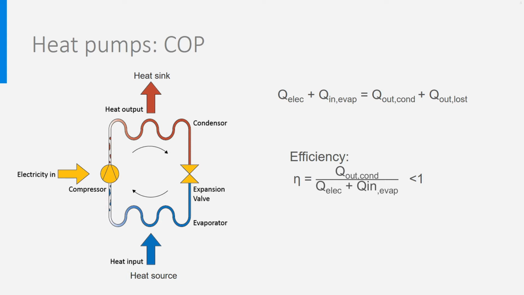It is fully renewable, so we don't account for it, and instead of using the thermodynamic efficiency, we will use the coefficient of performance, the so-called COP, which is defined as Q condenser out divided by the electricity needed by the compressor. Except if the heat losses are extremely high, this COP will always be above 1.